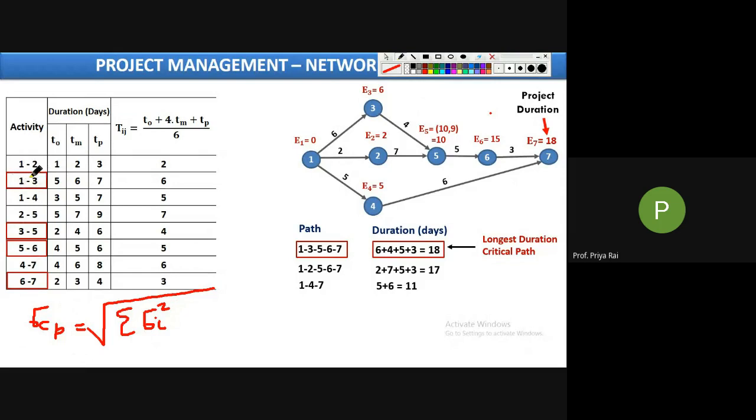Now what is the formula of sigma? TP minus TO by 6. So for this activity 1 to 3, what is the value of sigma?